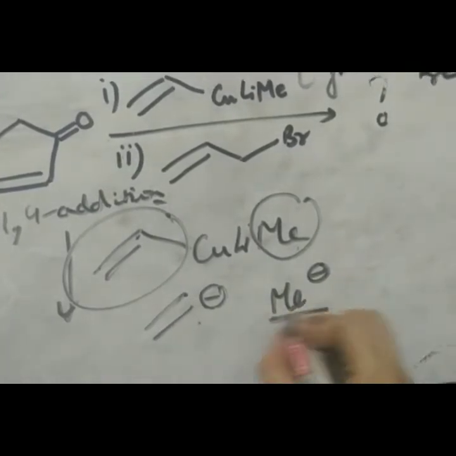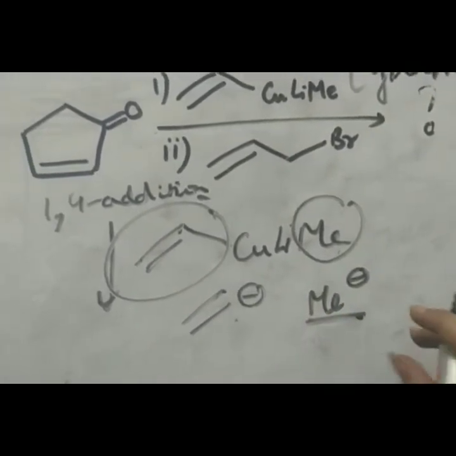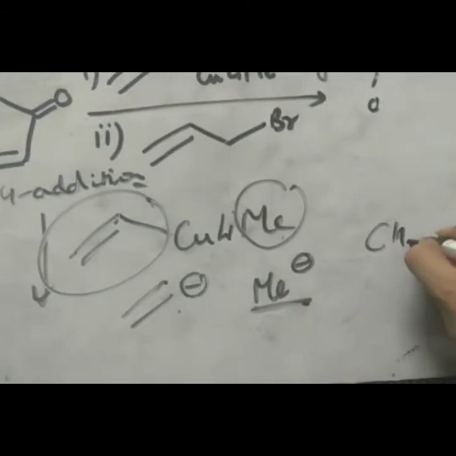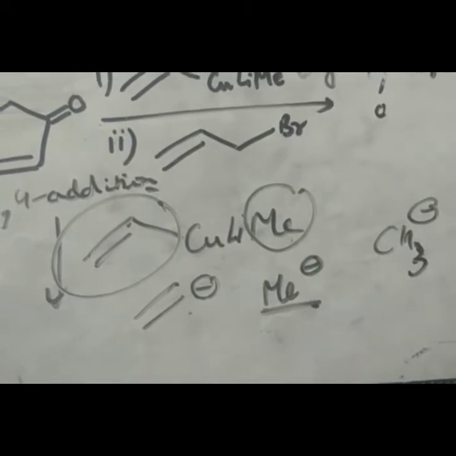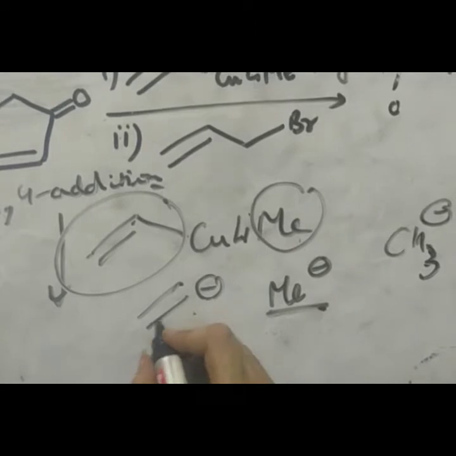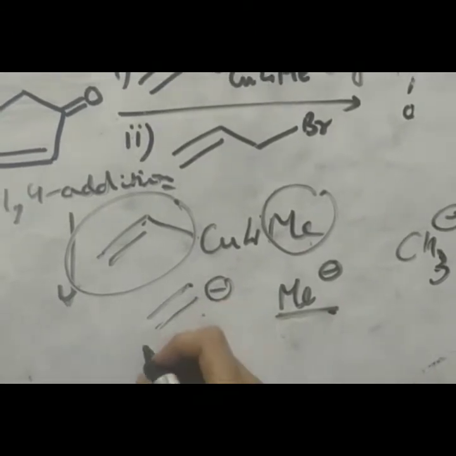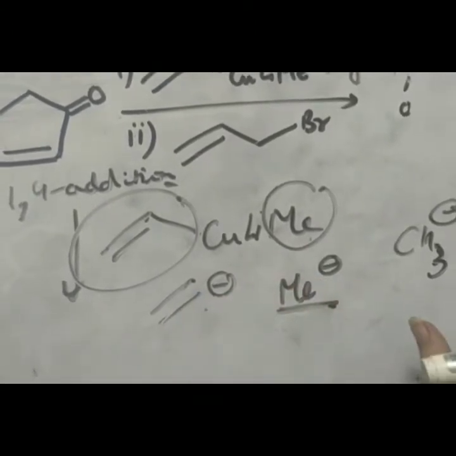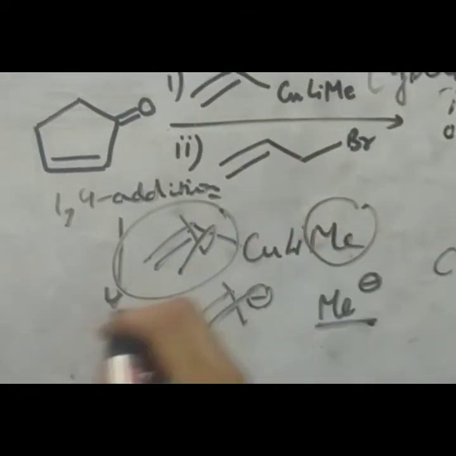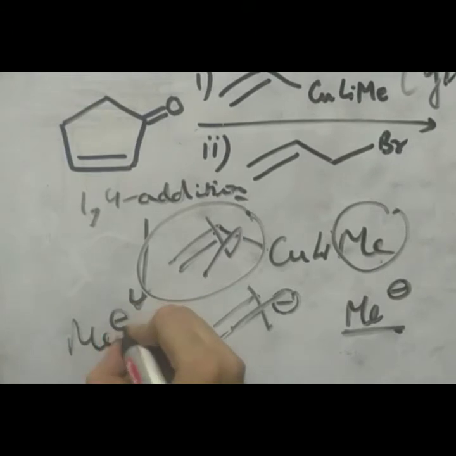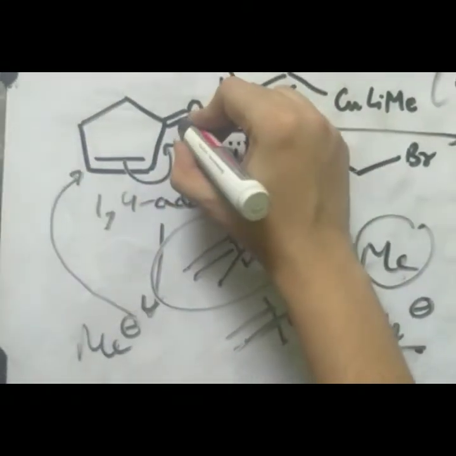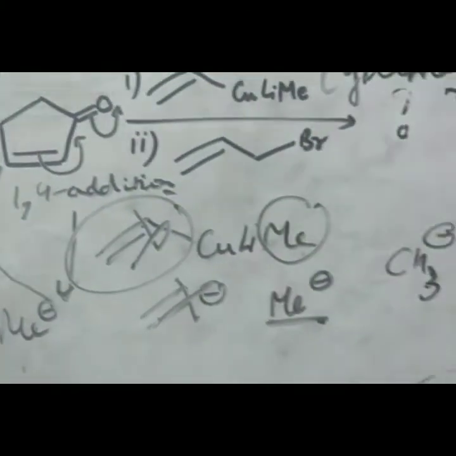Between these two, Me minus is more stable, because this is primary, CH3 minus, the carbanion is on a primary alkyl group, but here we have a vinyl group having negative charge, which is not stable. So this will not act as nucleophile, Me minus will attack, and this negative will come here.